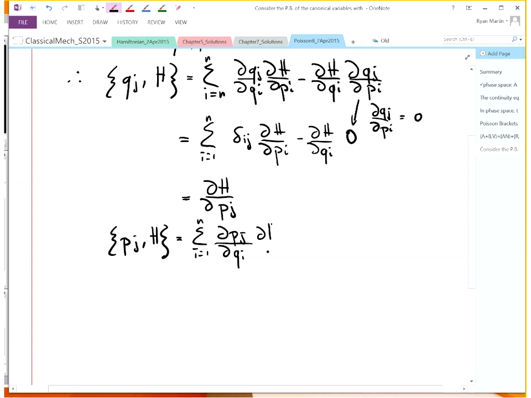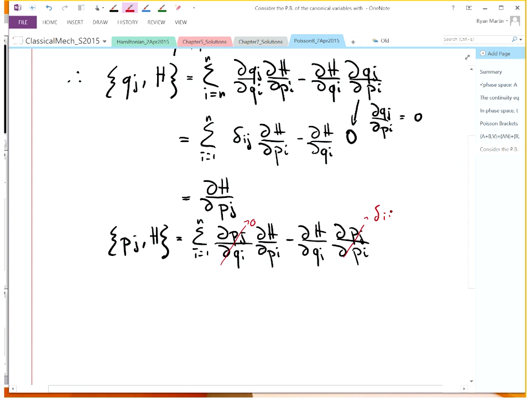So I have ∂pj/∂qi times ∂H/∂pi, minus ∂H/∂qi times ∂pj/∂pi. So we have the same issue here, right? We have a ∂pj/∂qi, that's always 0, because the p's and q's are independent of each other.